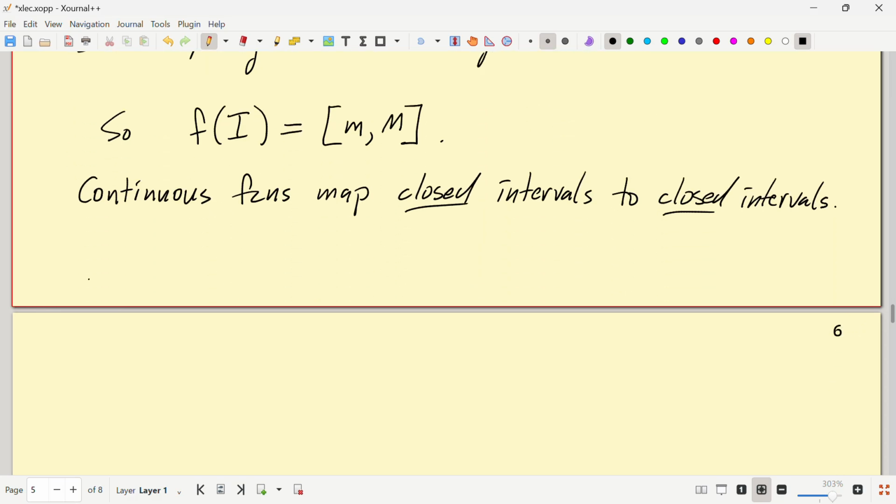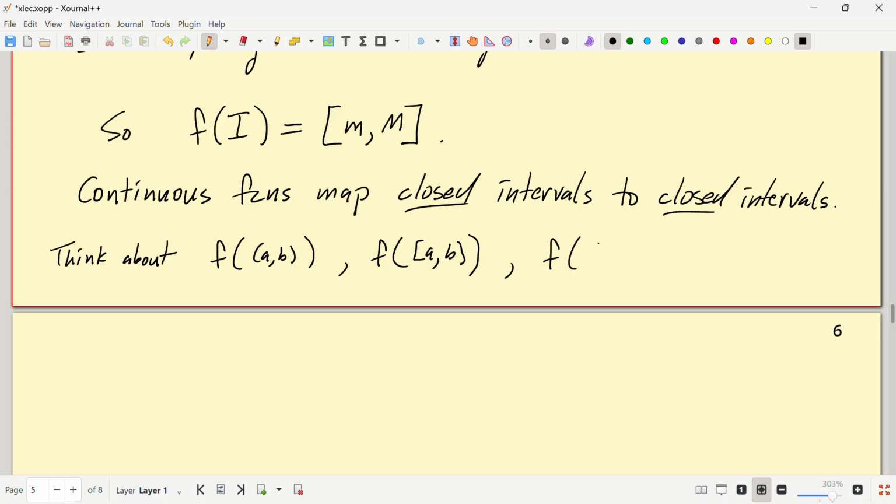So think about this: f of (A, B), f of semi-closed this way.